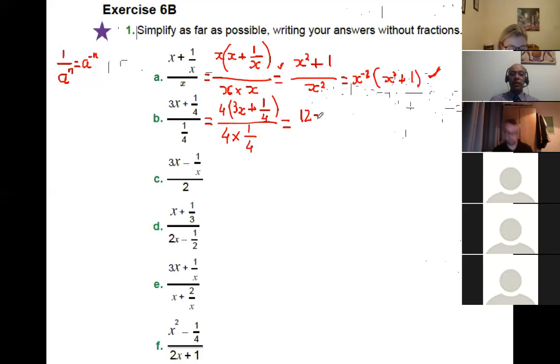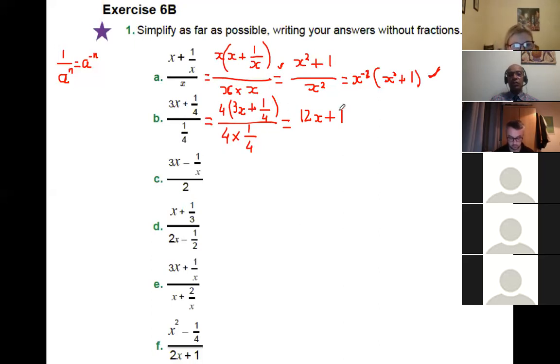Nothing fancy there. And I've got 4 again times a quarter, which is just 1. Four times a quarter is 4 quarters, or a whole.